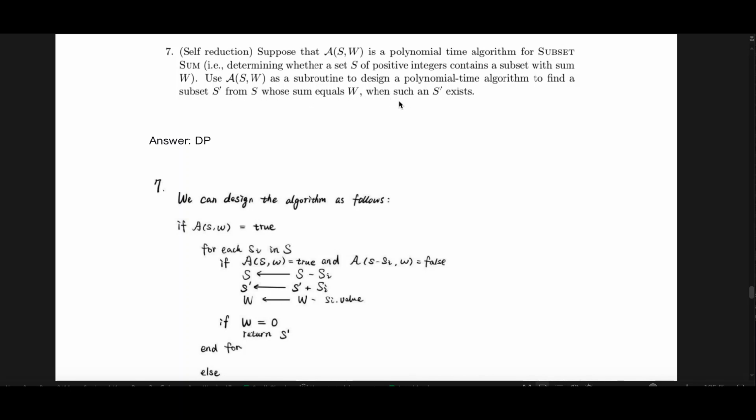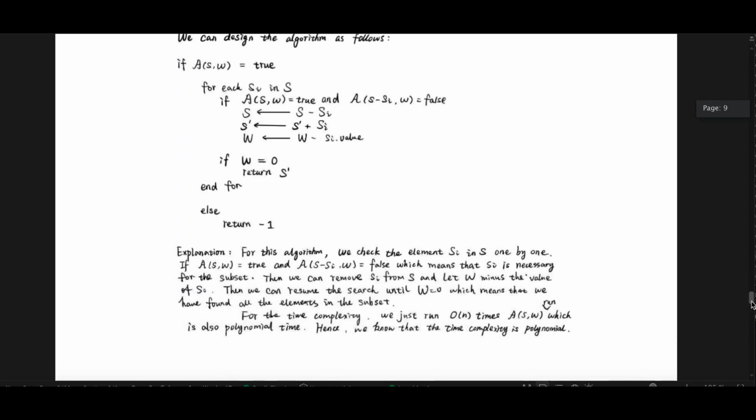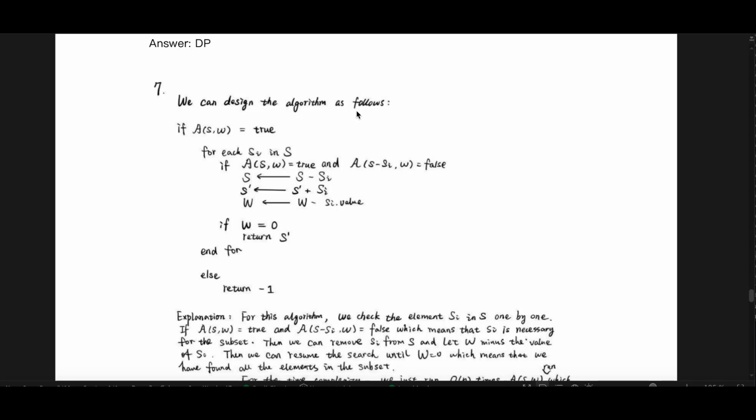when such a subset exists. Okay, the solution is like this, we can design the algorithm as follows.